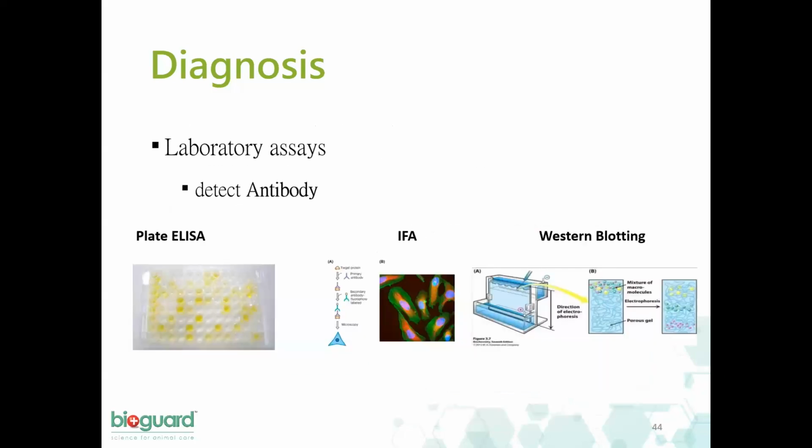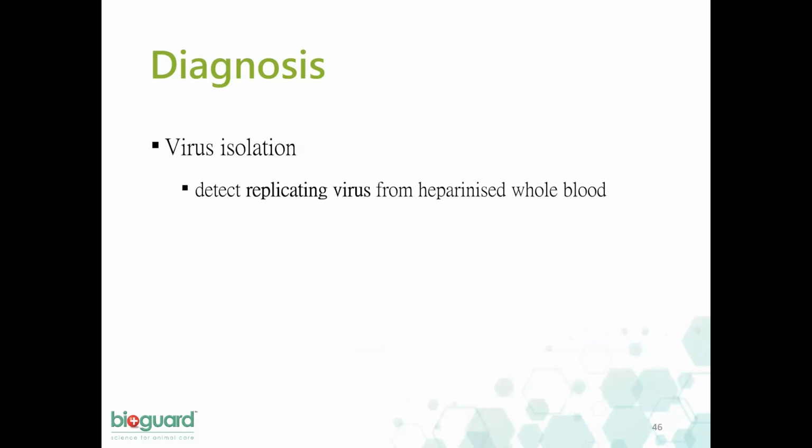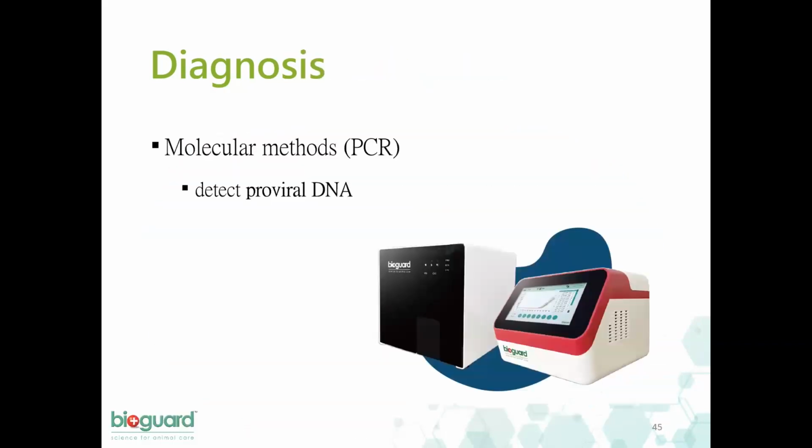For the POCT, you can use Bioguard's FIV combo to detect the antigen and antibody of the cat. For the molecular method, you can use Bioguard's Q-mini to detect the proviral DNA of FIV and also the viral RNA.